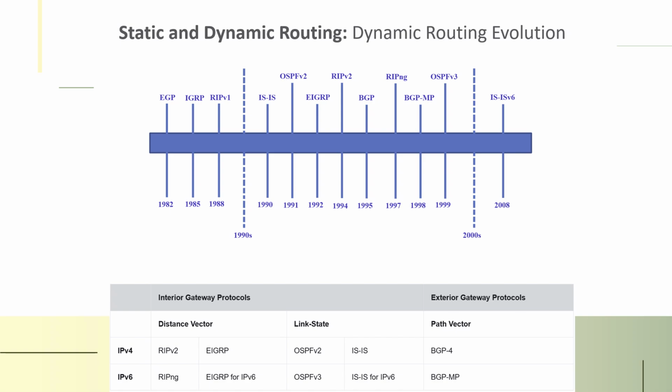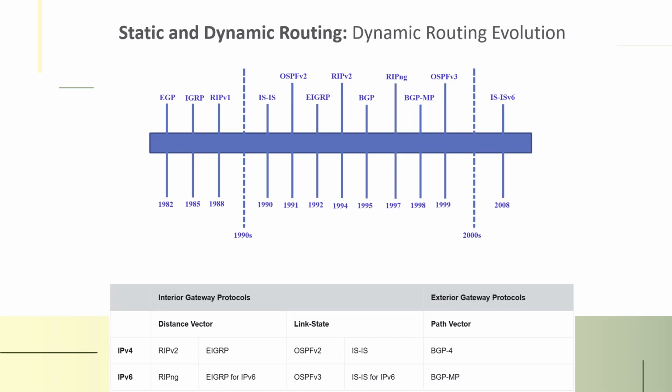There is only one Exterior Gateway Protocol, and it is the Border Gateway Protocol. Border Gateway Protocol is used to exchange routing information between different organizations known as autonomous systems. And Border Gateway Protocol is used by Internet service providers to route packets to the Internet.